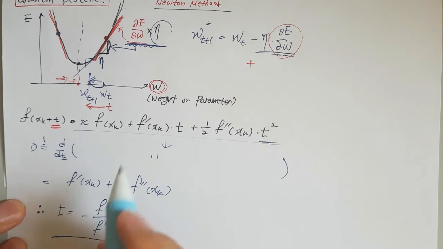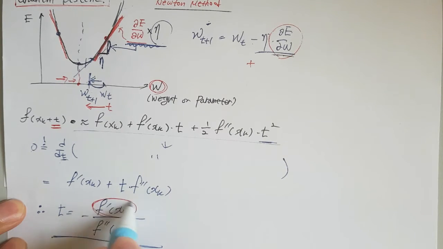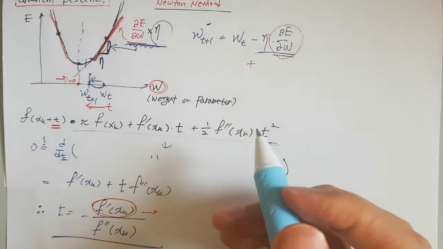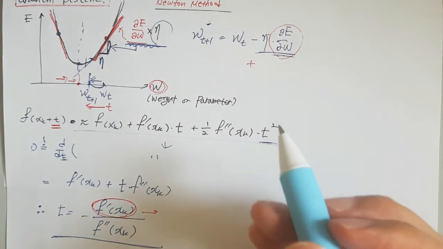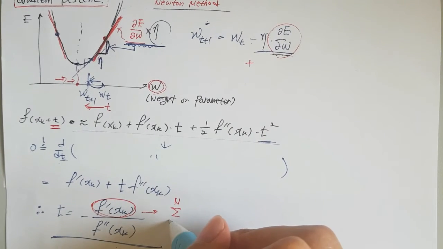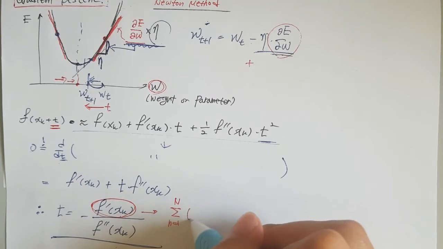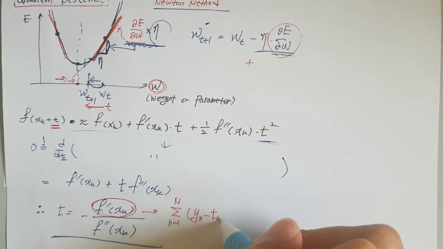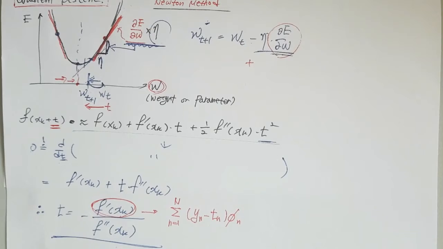So in the last video, I calculated this value from cross entropy as minus Tn, like this.